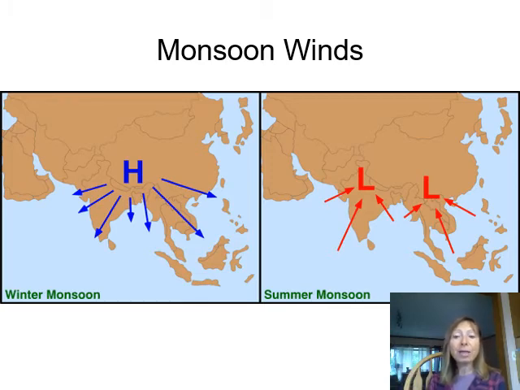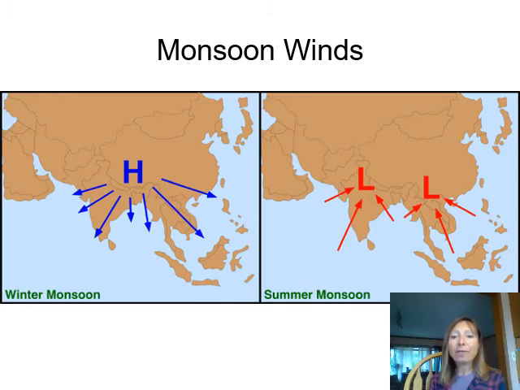And the air in winter is moving from the high pressure zone to the low pressure zone, from Siberia, from Western China, from Central Asia, moving this cold, dry, dusty air out of the continent into the Indian and the Pacific Ocean.